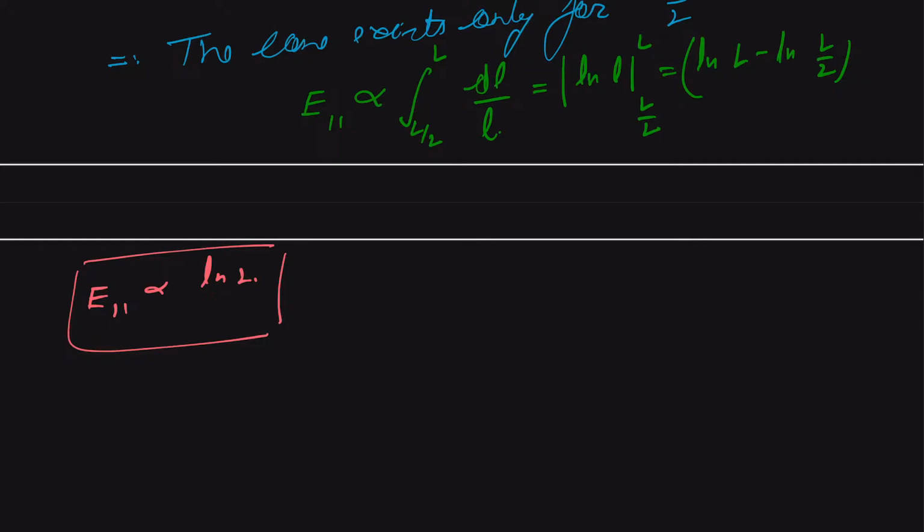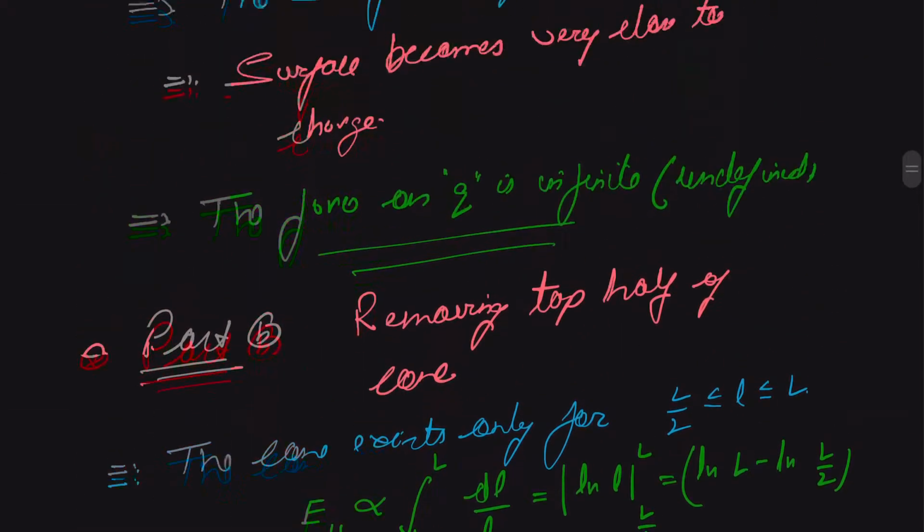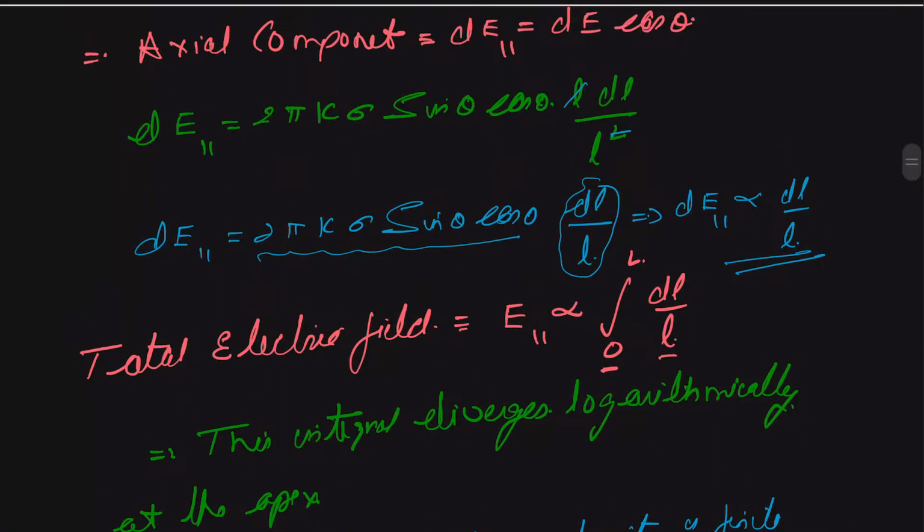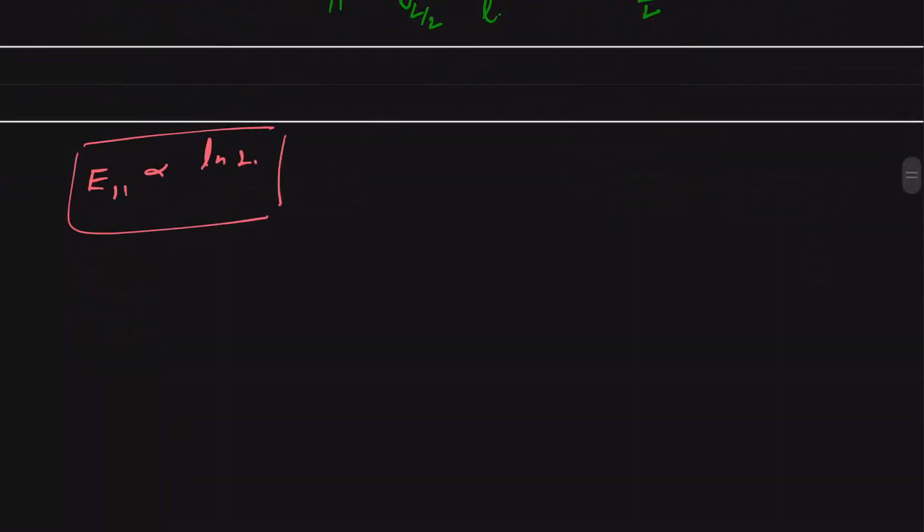Second, it asks for the force, so now we can put this entire thing into the equation. For the sake of convenience we had removed the constants. Therefore, our electric field will be equal to 2 pi k sigma sine theta cos theta natural log of 2. Then we can easily find the force because of this electric field.